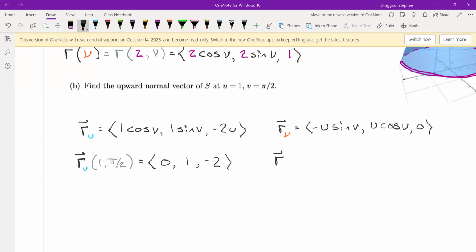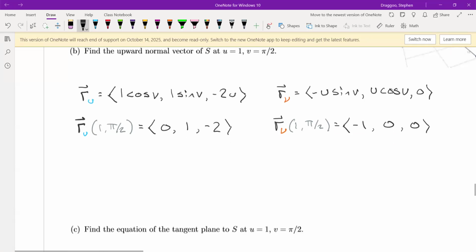And then for my v partial, again evaluated at parameter values of 1 and pi over 2, I am going to get negative 1, since sine of pi over 2 is 1, 0, since cosine of pi over 2 is 0, and still a 0 in the end.